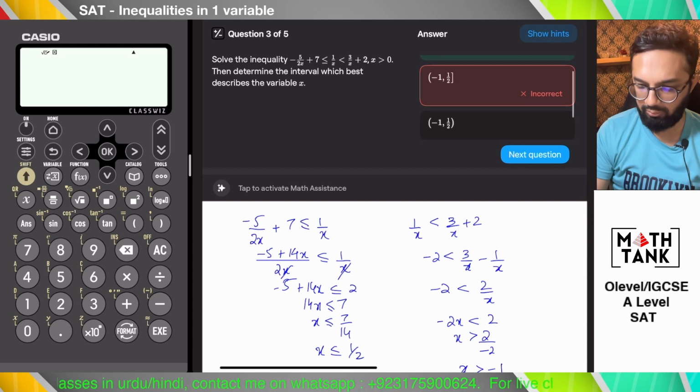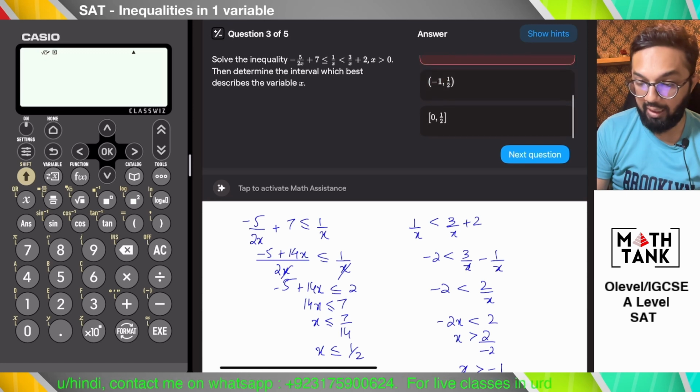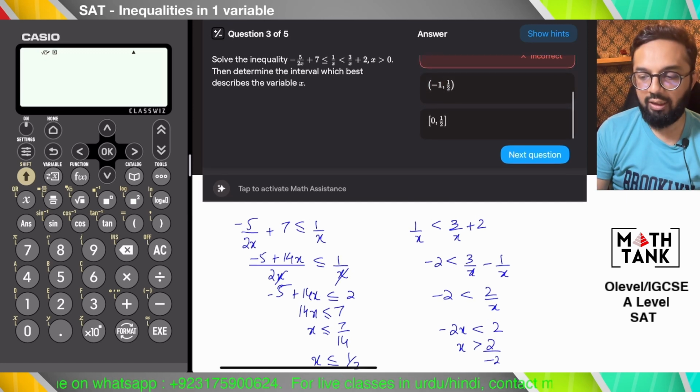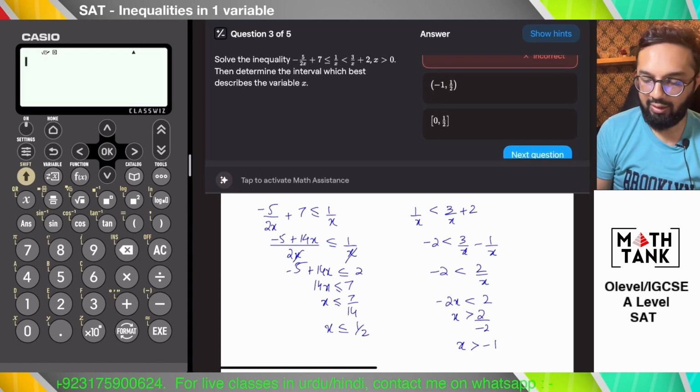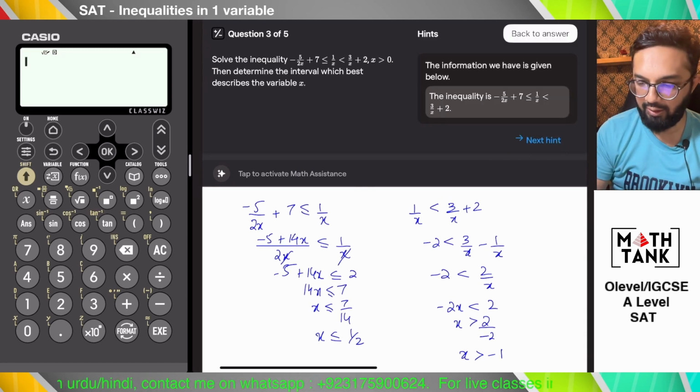Okay, since it couldn't have been negative, D should have been the correct answer. X is greater than 0. I didn't realize that. That should be the correct answer. Let's look at if that was the correct answer.